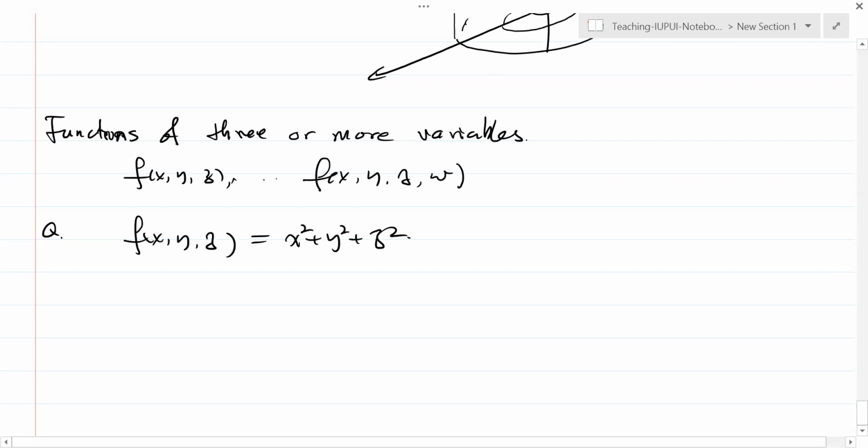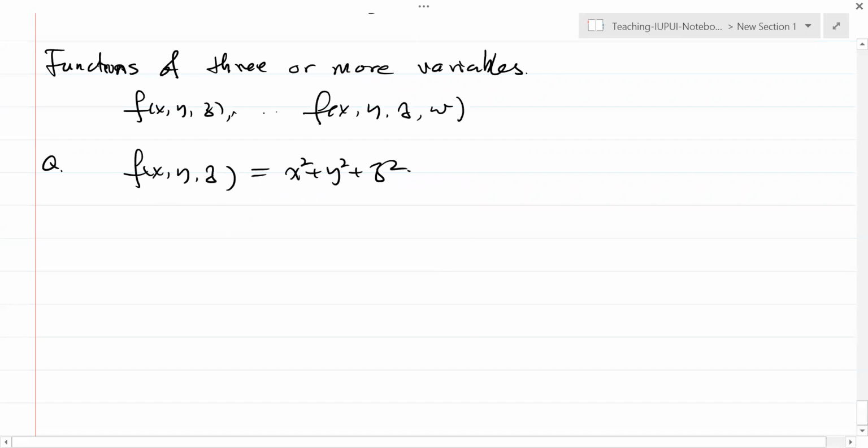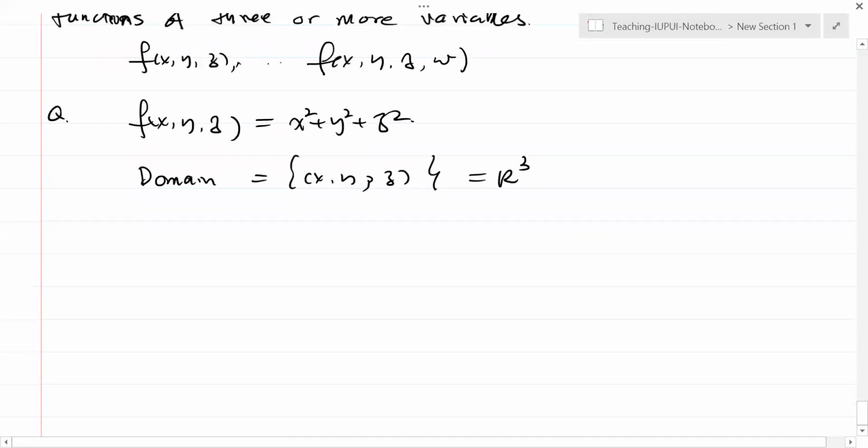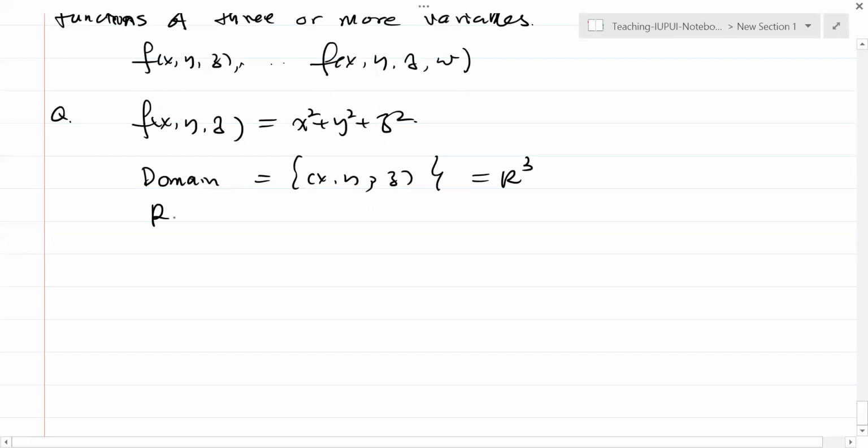So the domain has no restriction on x, y, z. That's just the whole space. However, the range of this function is going to be the set from 0 to infinity, because this can never be negative.